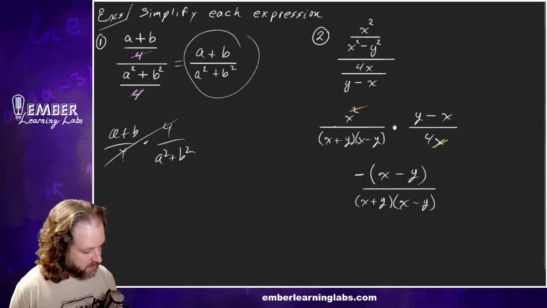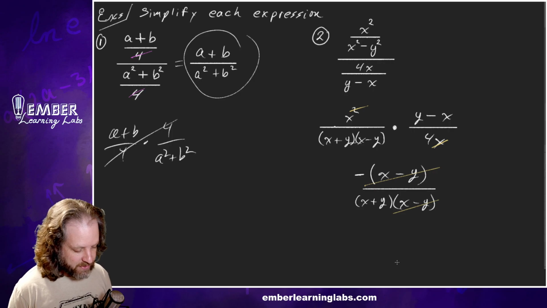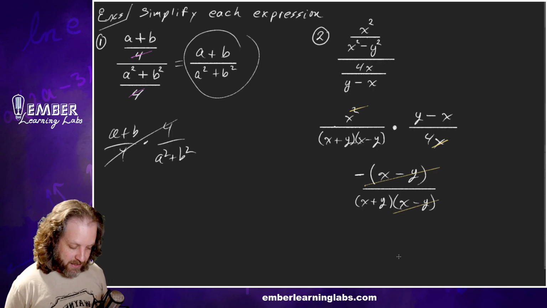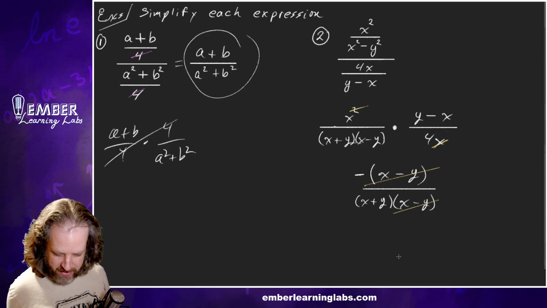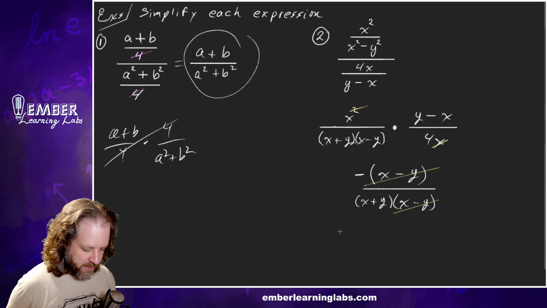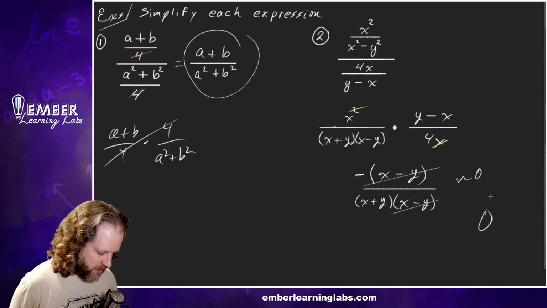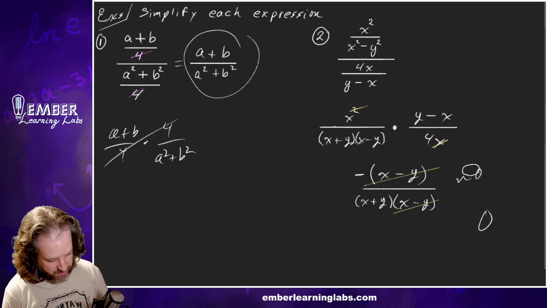Looky. We can cancel that one with that one now. And oh no, what's left? This is one of those places where you see a lot of scariness, and inevitably this happens on a quiz or test. They're like, oh no solution. It turns into zero, or the answer's 0, or that's not true.